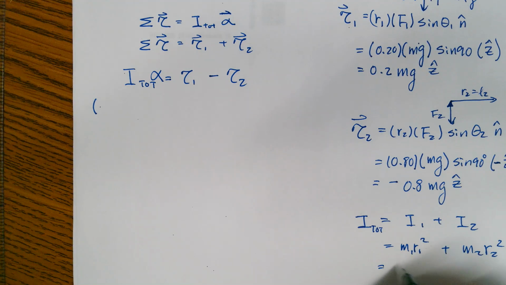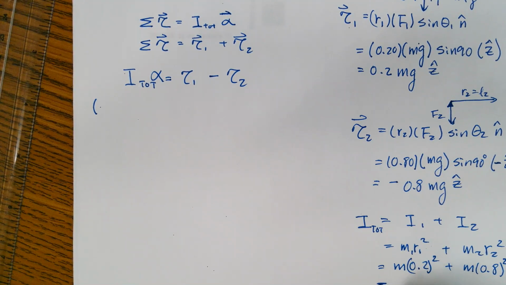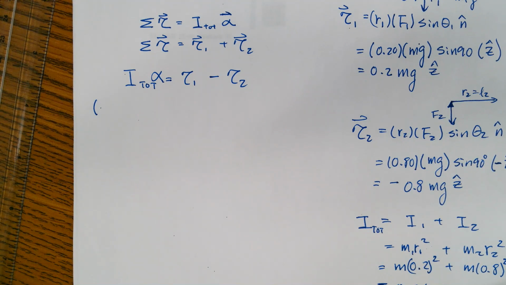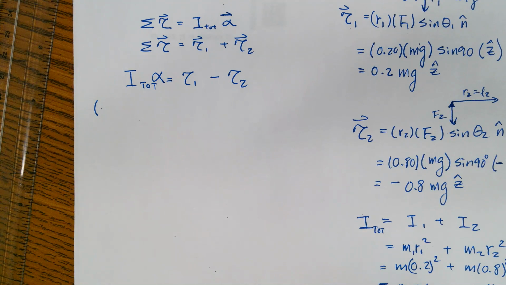Therefore, m1 is just m times 0.2 squared, plus m2 is still m times 0.8 squared. 0.2 squared is 0.04 m, plus 0.64 m. So it is 0.68 m, my I total.